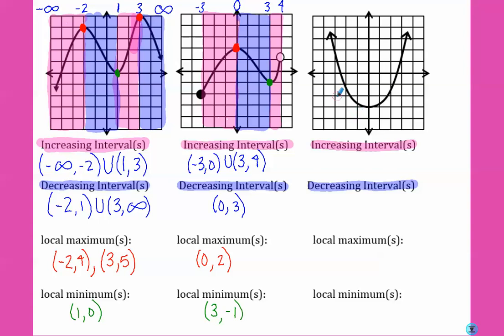And our final example. This one starts off decreasing and doesn't start increasing till here. And it increases forever on this side because it's got the arrow.